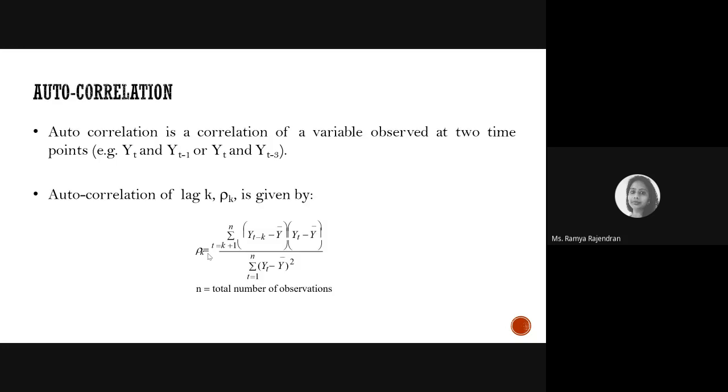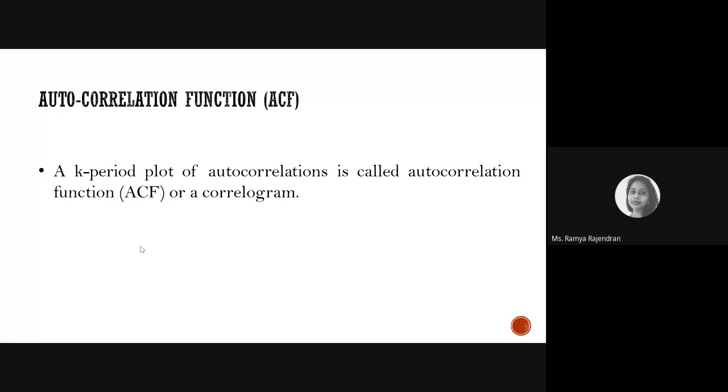It's a correlation of a variable observed at two different points, when your data is correlated with itself at different time points. It is measured to find out the number of lags that you can have in your model. You can plot your autocorrelation and call that a correlogram or ACF.